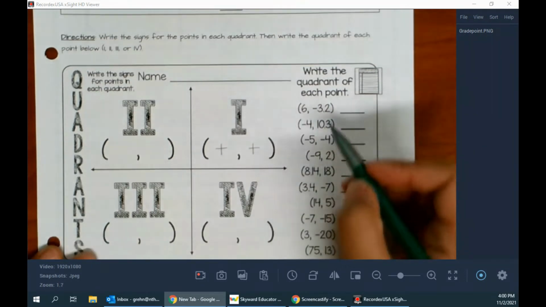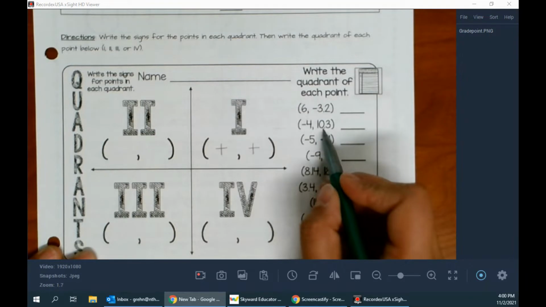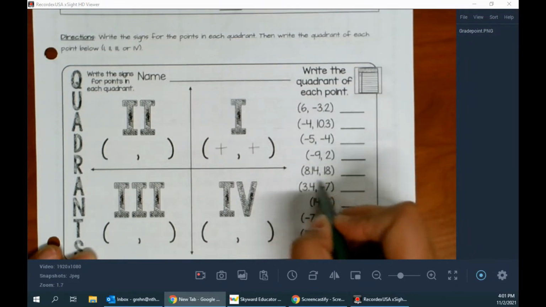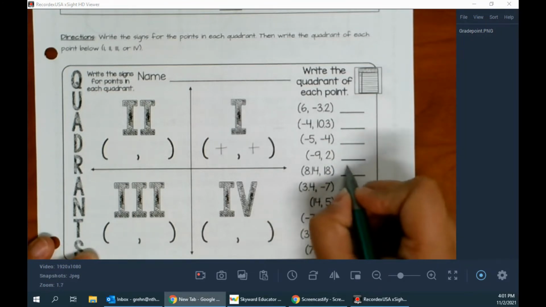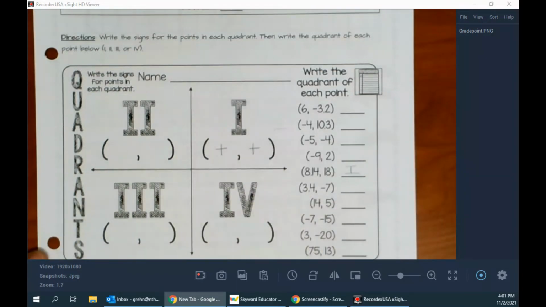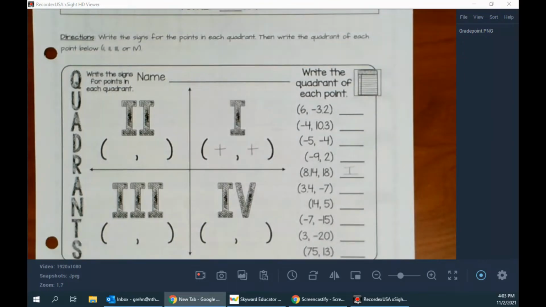So for any ordered pairs over here where both numbers are positive, I know it's going to be quadrant 1. So right here I see 8 and 14 hundredths and 18. Those are both positive, and so those would have to fall in quadrant 1. I would keep going through each of your quadrants to figure out which quadrant the points belong to.